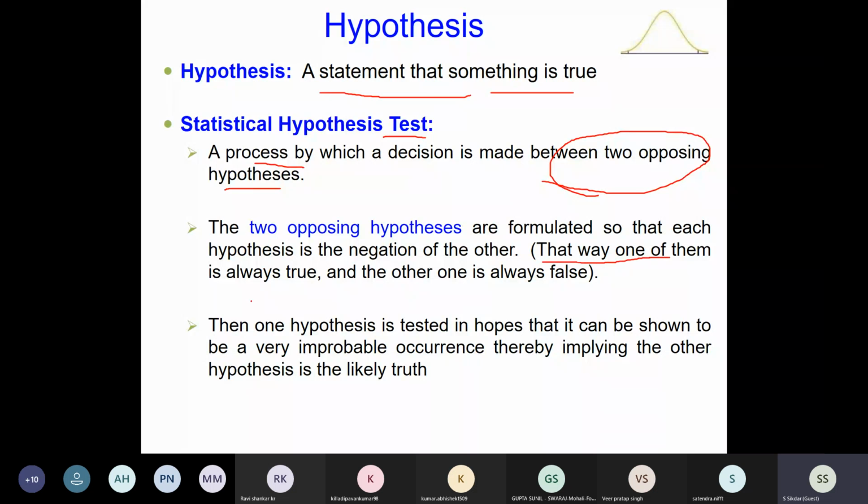So if one of them is true, the other is bound to be false. If one of the hypotheses is tested in the hope that it can be shown to be an improbable occurrence, thereby implying the other is valid. So if the first hypothesis is not valid, the second hypothesis is valid. Vice versa, if the first one is valid, the second one is not going to happen.